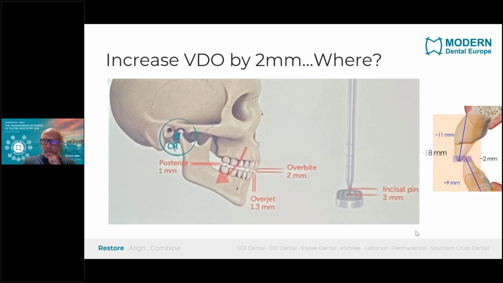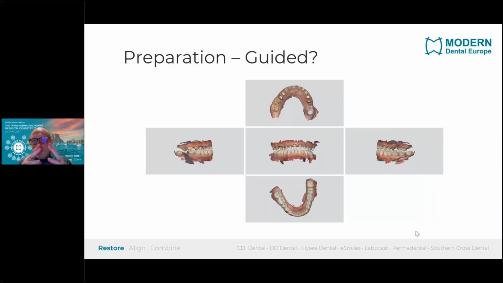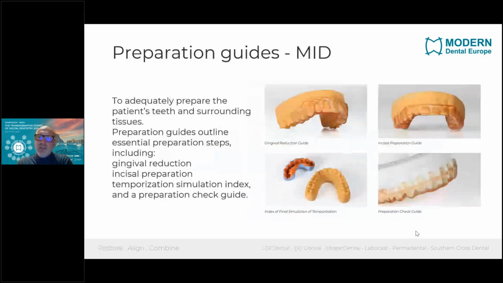These are some important rules we need to take into account before we can go to the final prepping, the preparation. Here again, you can also work guided if you want, especially for these big span bridges or full mouth rehabilitations. It's always helpful to order guides, and we have different guides available, starting from gingivectomy, gingival reduction guides. We have prep guides of different kinds.